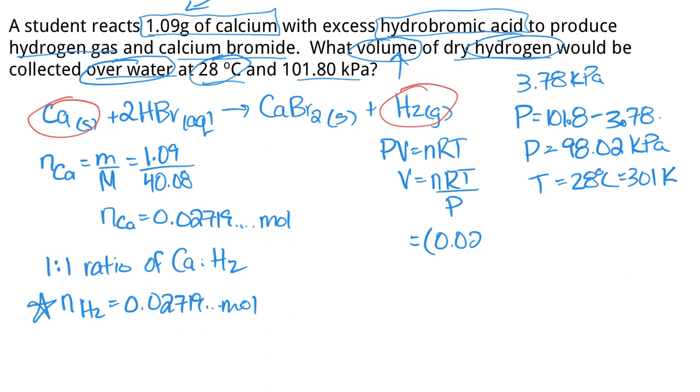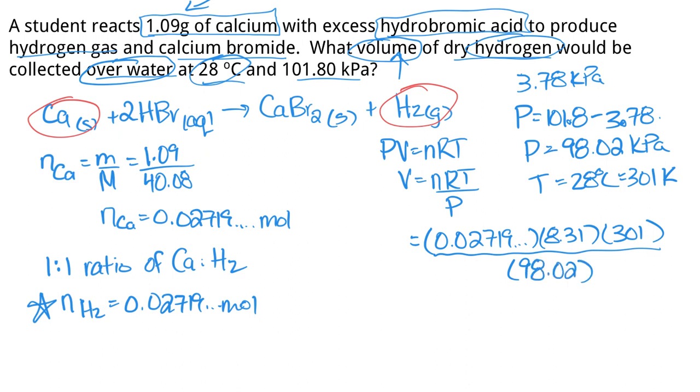Okay, so now we can plug these numbers into our equation. We've got 0.02719 moles, 8.31 is our gas constant. We've got our temperature of 301, and our corrected pressure underneath would be 98.02. When we do that calculation, it gives us a volume, and if we round off to the correct number of significant digits, so in this case we need 3, it would give us 0.694 liters, or we could also use decimeters cubed.